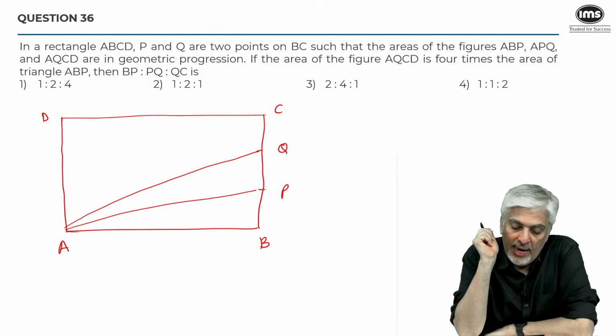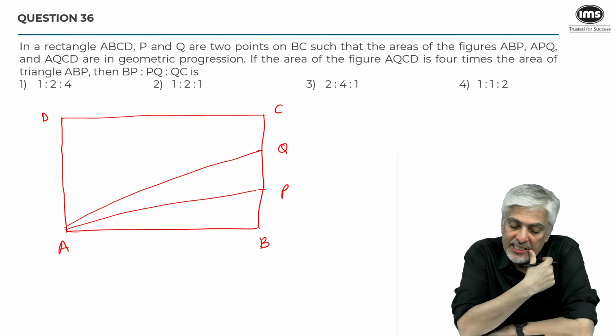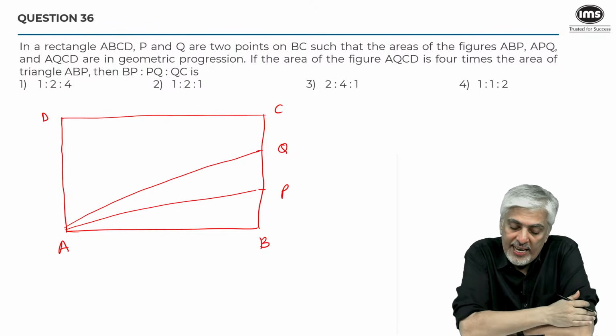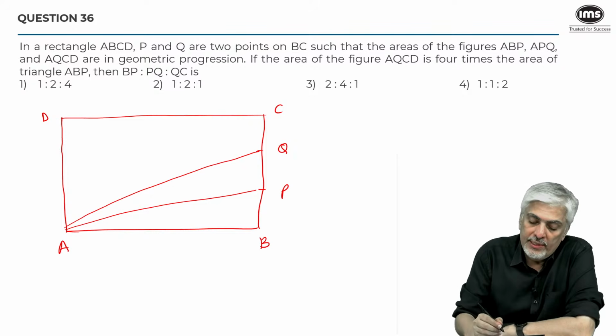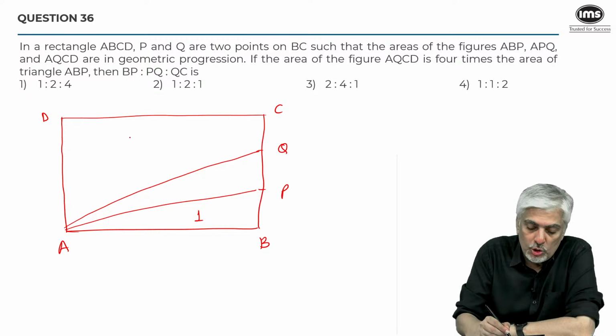Okay, and they have told us that the area of the figure AQCD, which is the trapezium, is 4 times the area of the triangle ABP. That means if this is 1, this whole thing is 4.